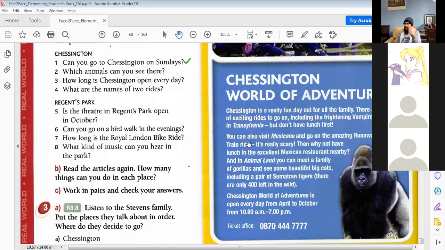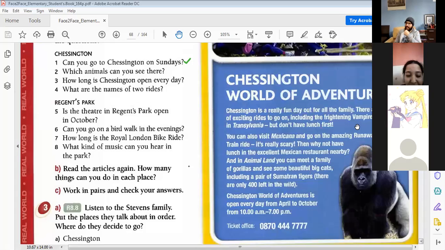This is number one. So there's another one. The Transylvania vampire ride. Correct. So we have the vampire ride, and we also have the runaway train ride.